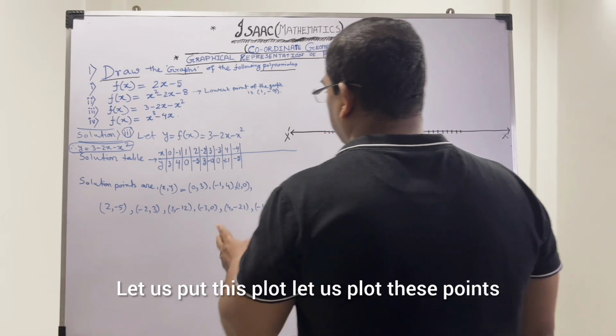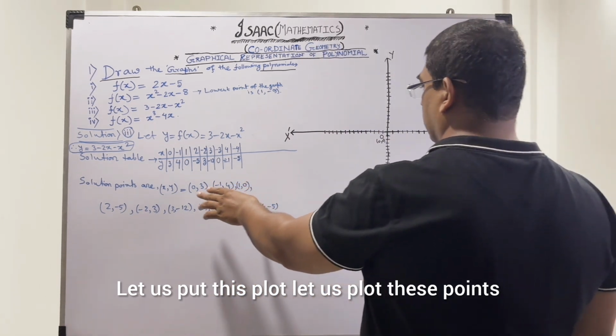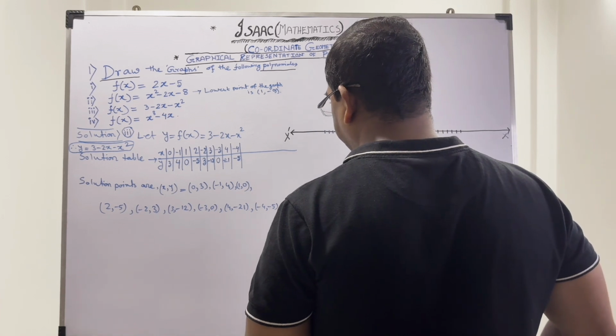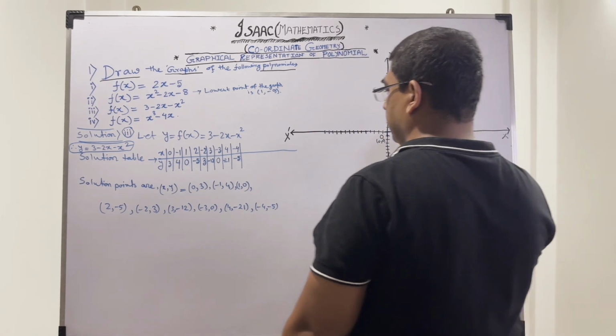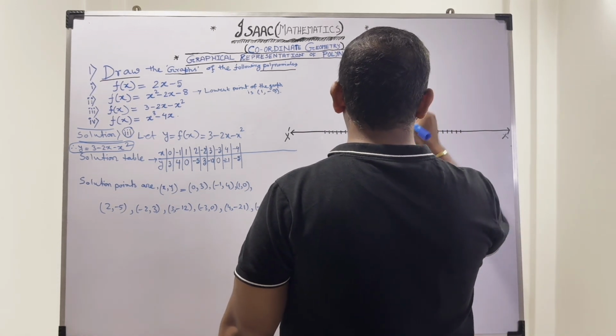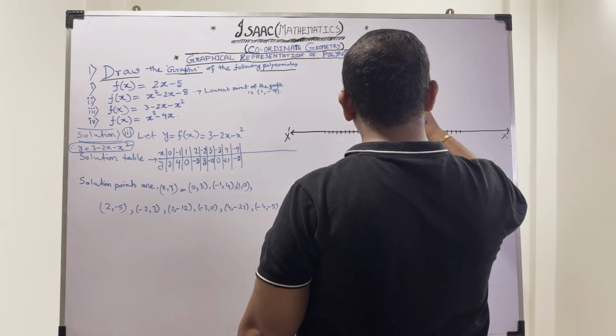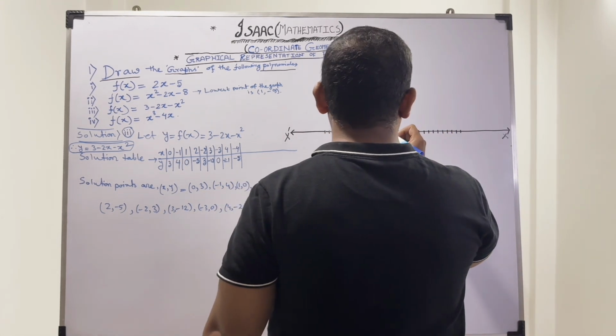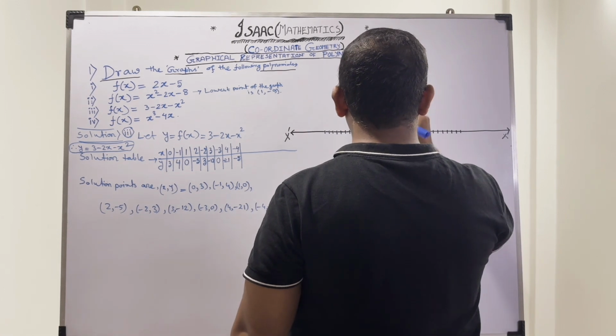Okay, let us plot these points on the xy plane. 0, 3, ordinate is positive. Minus 1, 4.